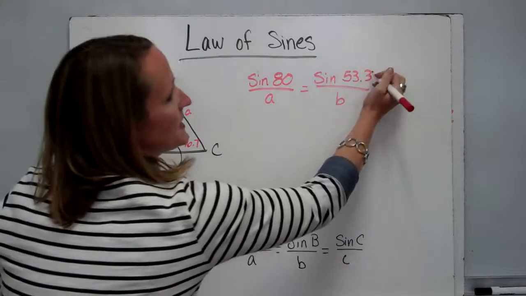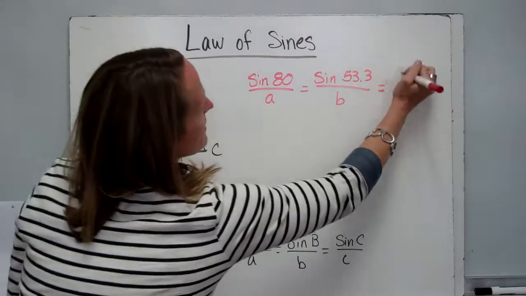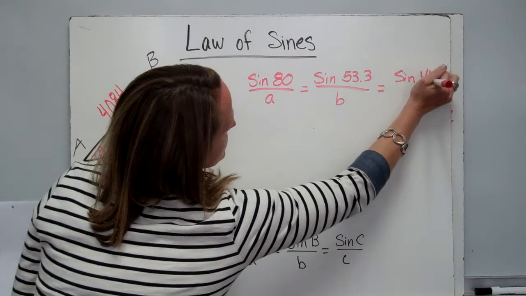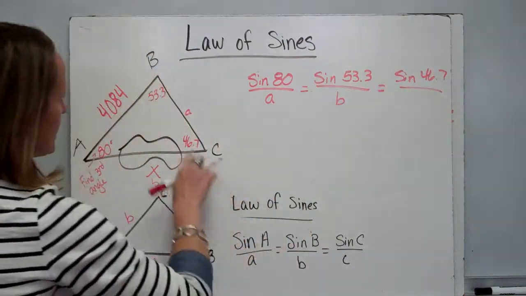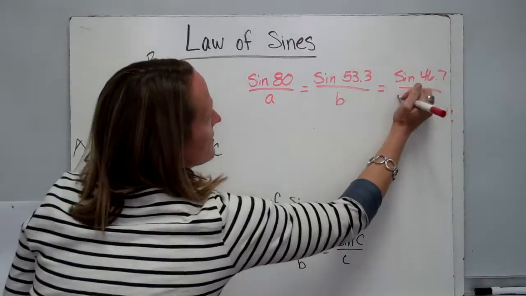Then we know the sine of C is equal to sine of 46.7 over, and we do know the length of this.